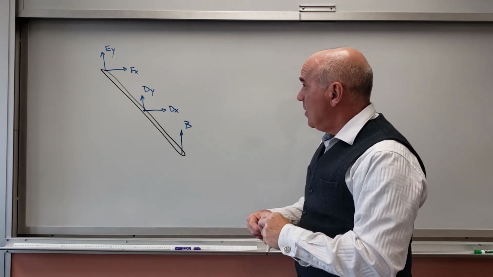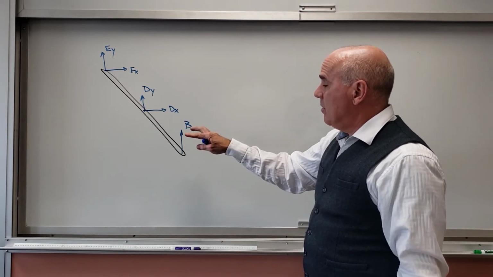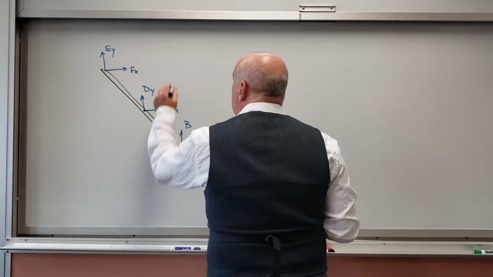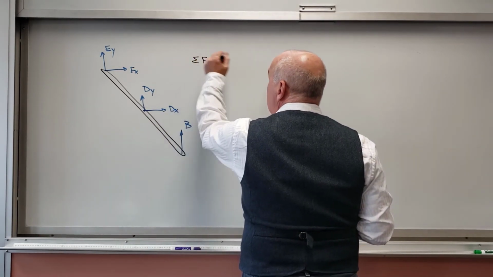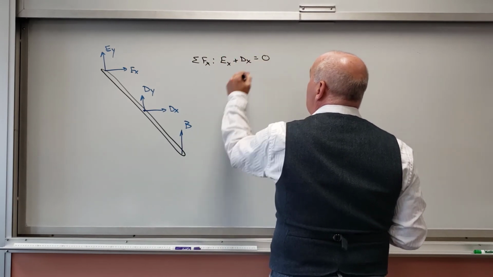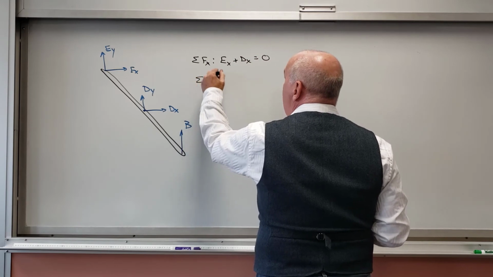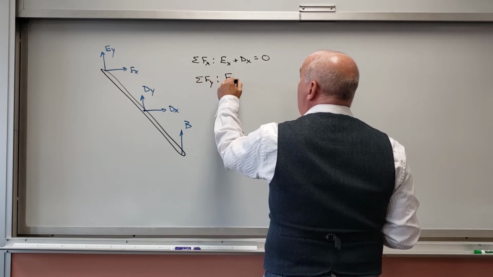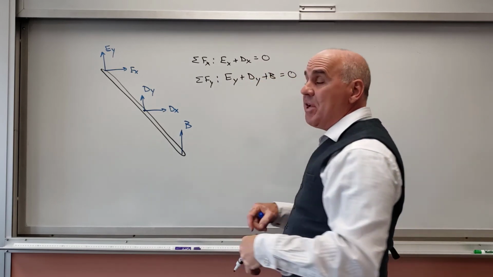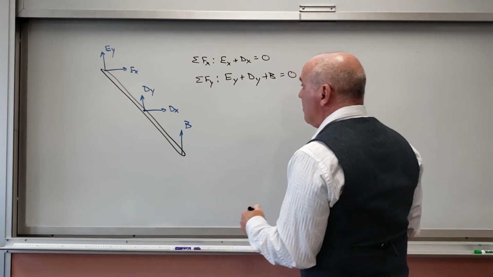And so those become the equations for this. Sum of the forces in the x, I'm going to have EX plus DX equals 0. Sum of the forces in the y, I have EY plus DY plus B equals 0. But remember, I know B from the very beginning of this problem.